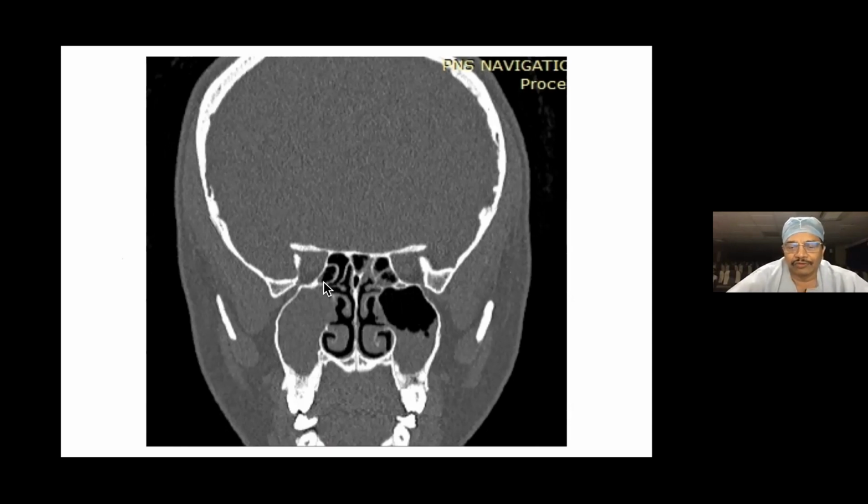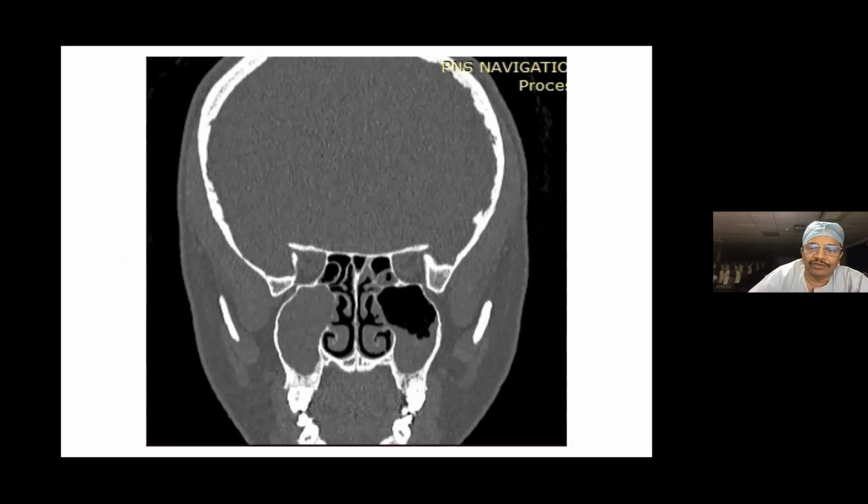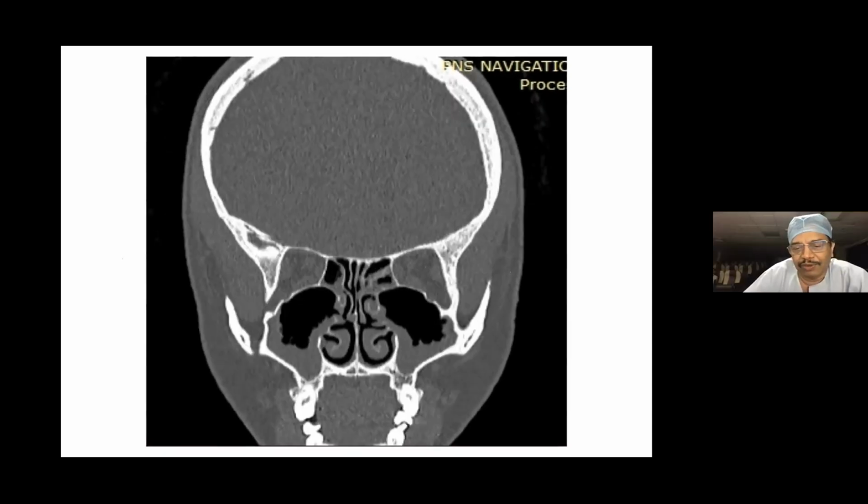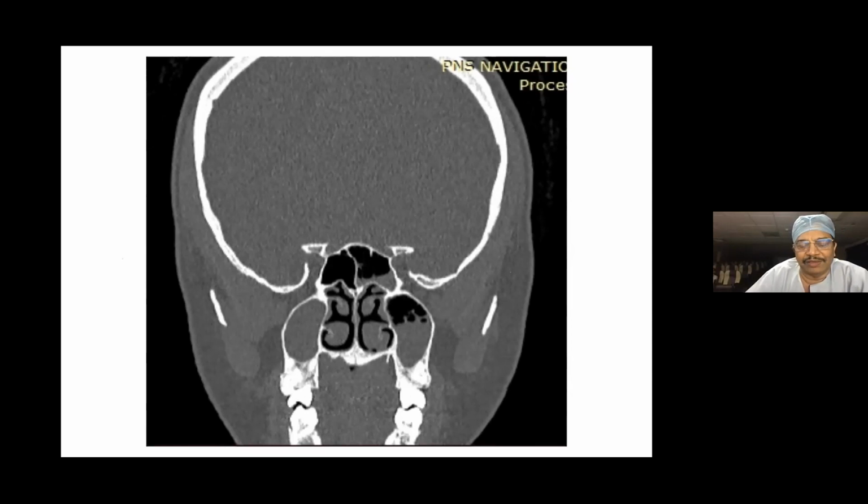So this is not anterior to the sphenoid sinus, and they are not Onodi cells. If you see how an Onodi cell would be, you will see a cell partition here, a horizontal septum. The lower one is the sphenoid sinus, the upper one is the Onodi cell. Anyhow, I will show some CT scans if time permits.